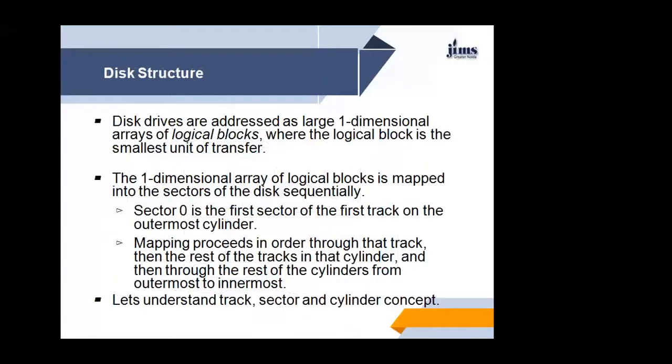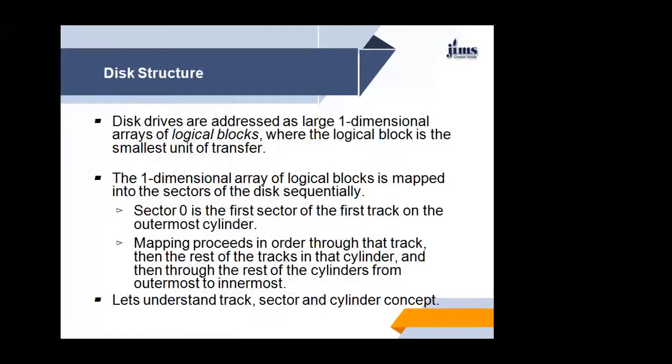Now the disk structure. Disk drives are addressed as large one-dimensional arrays of logical blocks, where the logical block is the smallest unit of transfer. The one-dimensional array of logical blocks is mapped into the sectors of the disk sequentially.